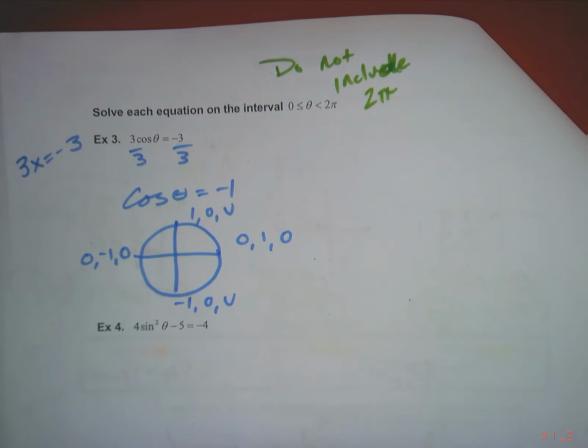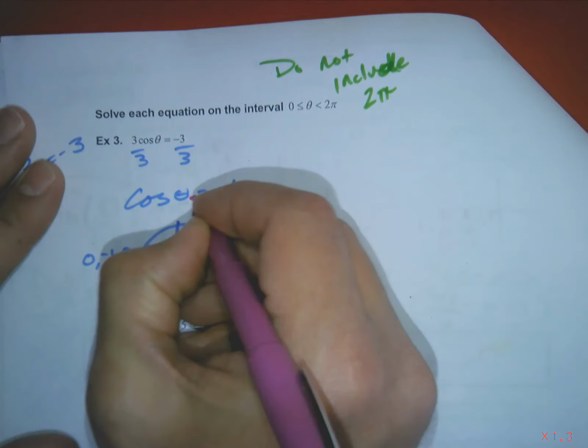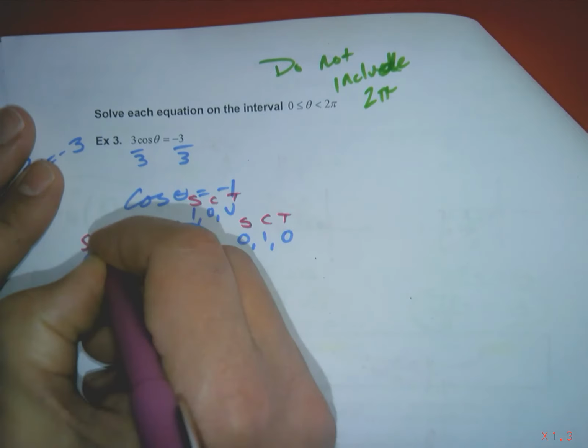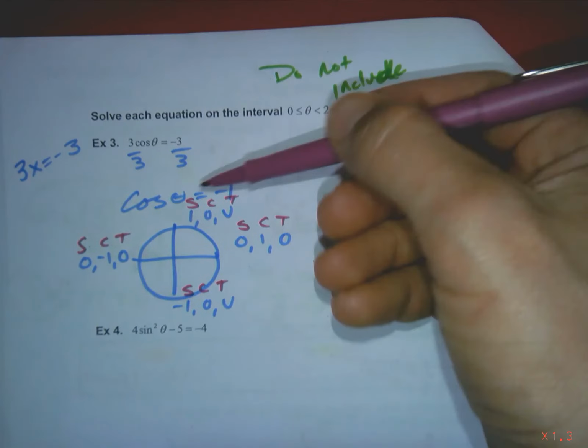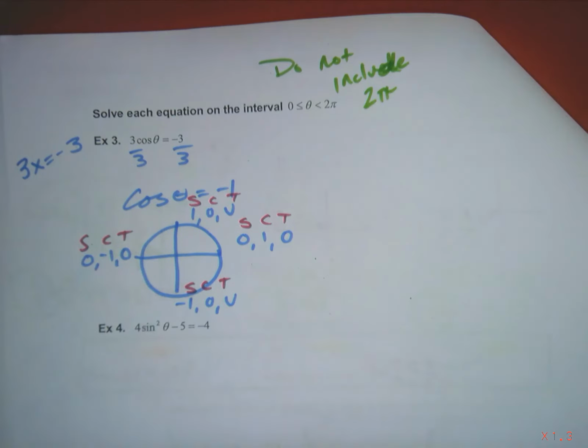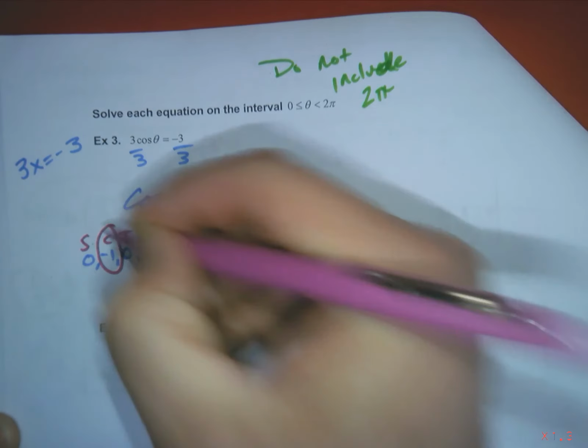Remember, those are in terms of SOHCAHTOA, the three big ones. Well, we're trying to figure out where is cosine of theta equal to -1. Where do you see cosine's -1, guys? 180 degrees right here. That's where cosine's -1.